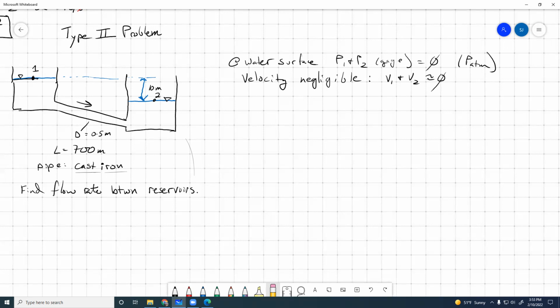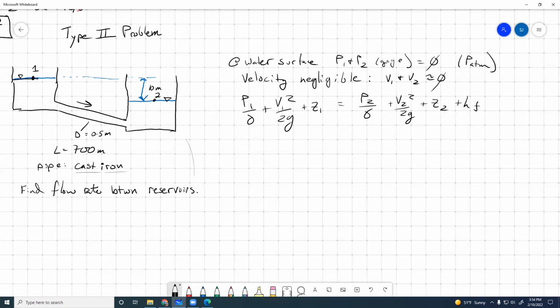So let's do the energy equation just because we're learning it. P1 over gamma plus V1 squared over 2G plus Z1 is equal to P2 over gamma plus V2 squared over 2G plus Z2 plus our major losses.